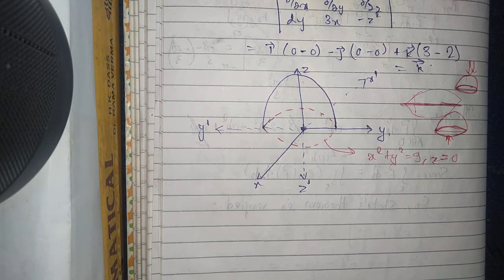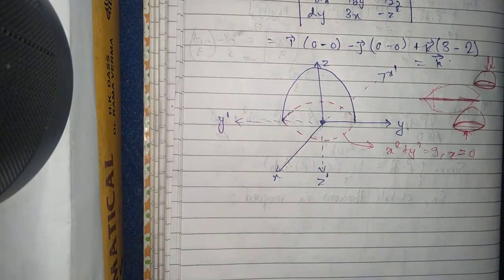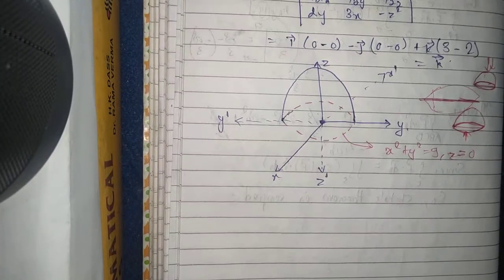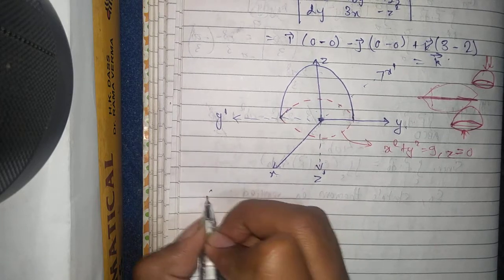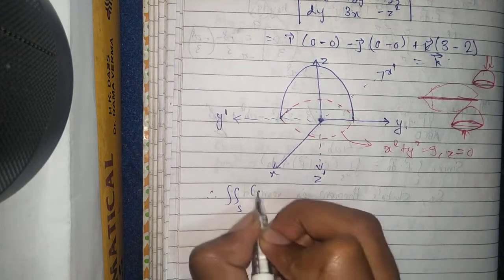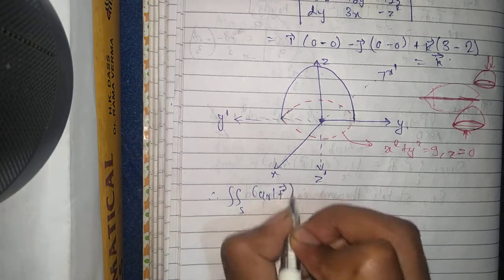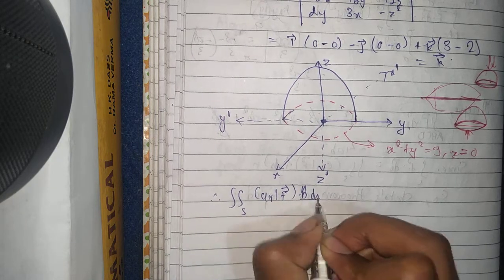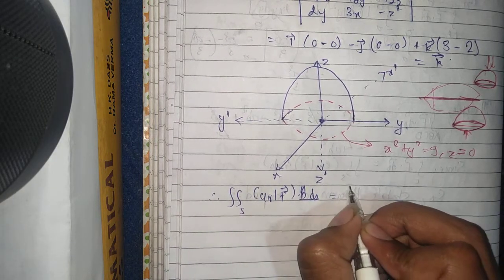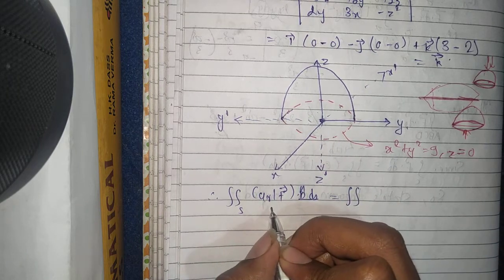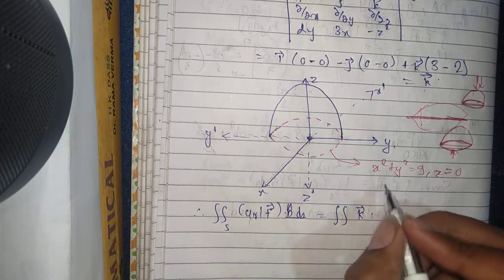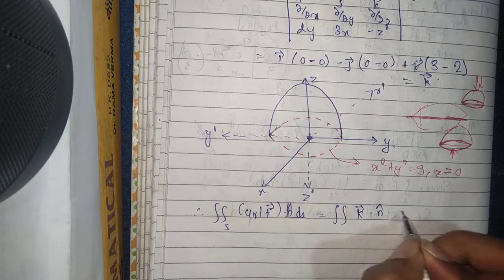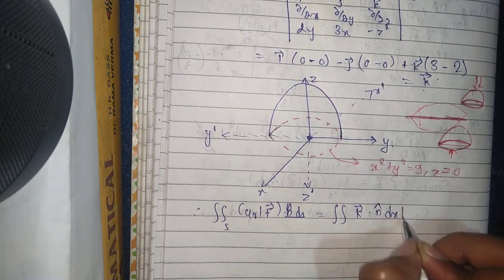So from the RHS we have the surface integral of curl f vector dot n cap ds, equals the value of curl f vector, which is k vector, dot n cap, and ds can be written as dx dy.